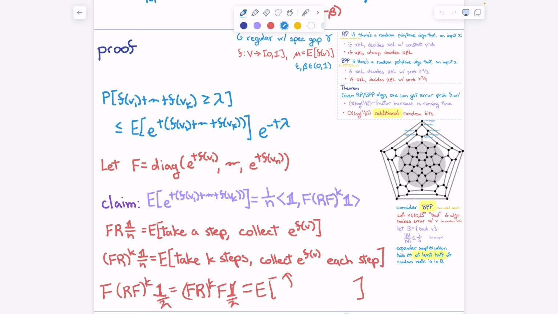You can imagine you start at a random vertex, you get e to the coins. Then you pick another random vertex and you get e to the coins there, random vertex, e to the coins there. Things are only happening in expectation, so the probability goes down and down for every possible trail. But along the trail, you're multiplying the coins, and then it all gets summed up at the end.